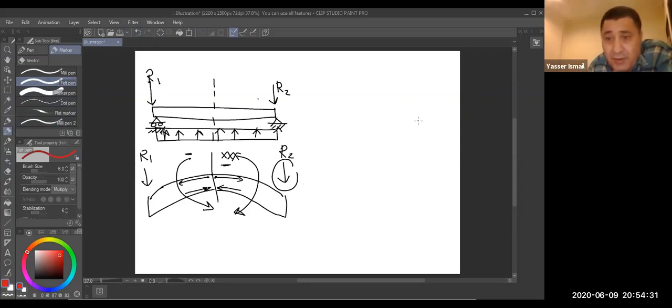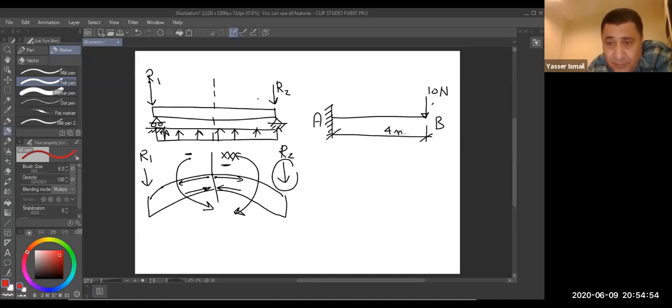This is a cantilever, fixed at this end. Fixed end A and free end B, and you have a force here equal to 10 Newton. And you have 4 meters here. Now how many reactions do we have here? We have XA, YA, and the moment.